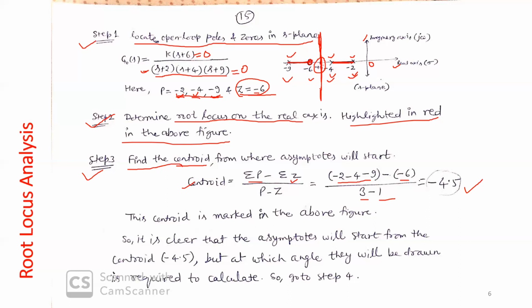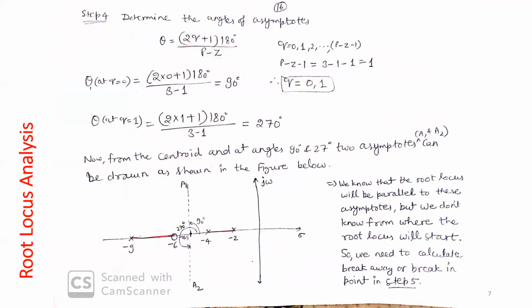Asymptotes are lines which are going to infinity. Now I don't know at which angle they will start, at this angle, at this angle, or at this angle. For that, I need to calculate the angle of asymptotes. So the angle of asymptotes is (2q plus 1) multiplied by 180 divided by (p minus z). And the value of q varies from 0 to p minus z minus 1.